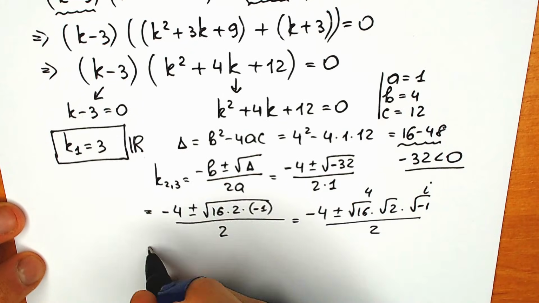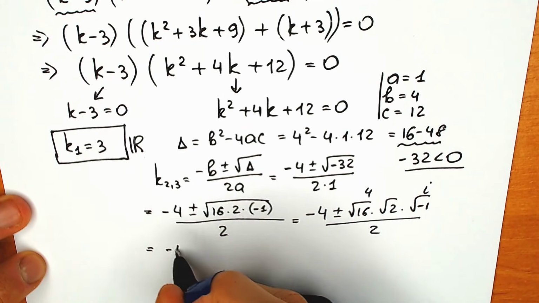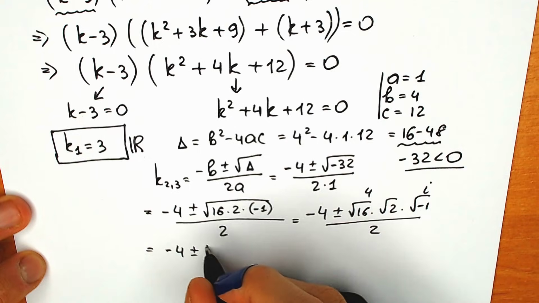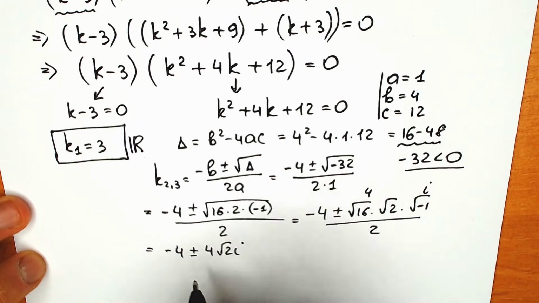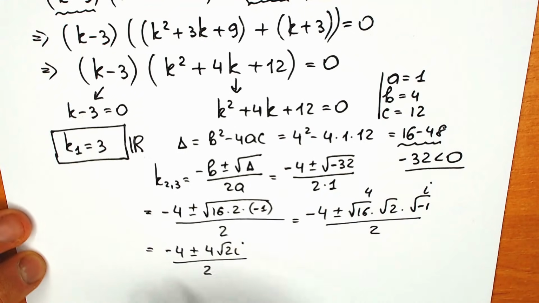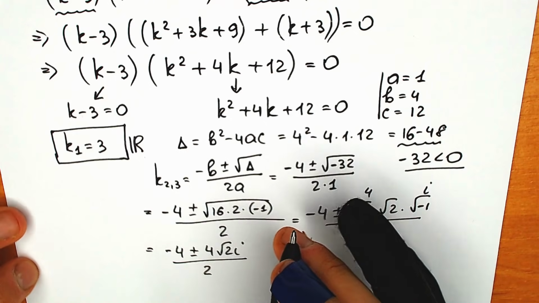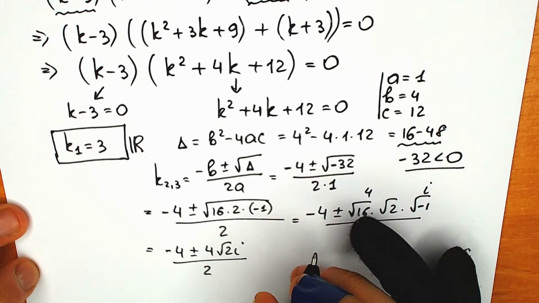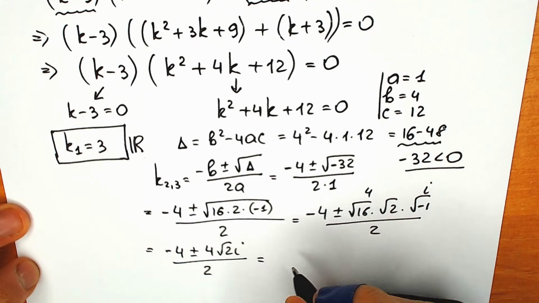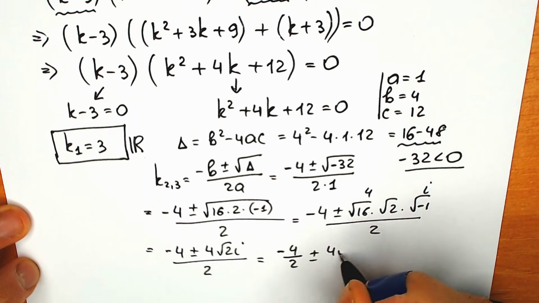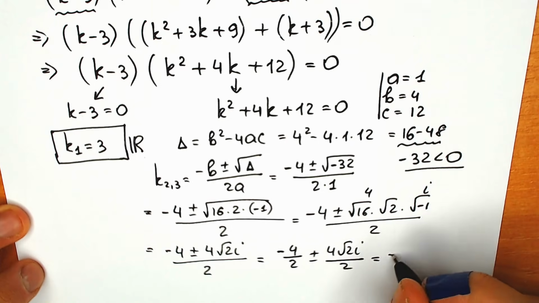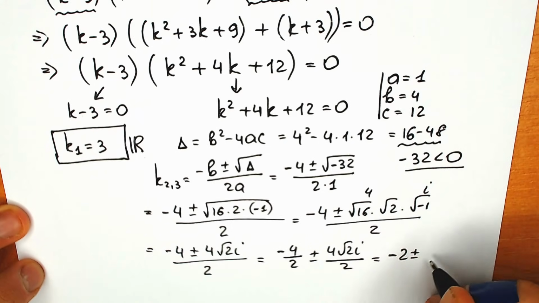Our final answer looks like this: minus 4 plus minus 4 square root of 2 times i, all over 2. But we can do one more step. We can divide by 2, so minus 4 over 2 plus minus 4 square root of 2i over 2. And from here we have minus 2 plus minus 2 square root of 2 times i.